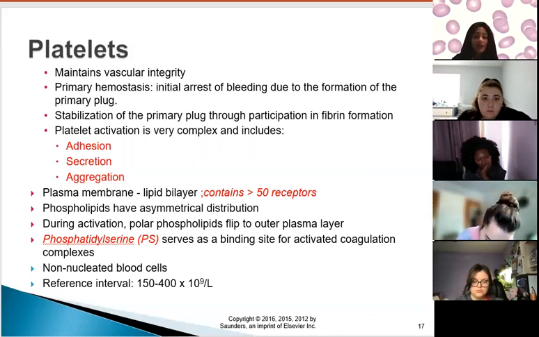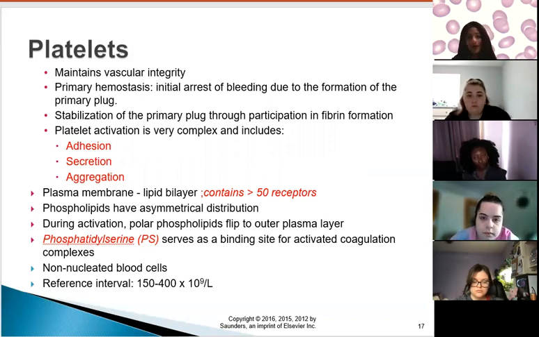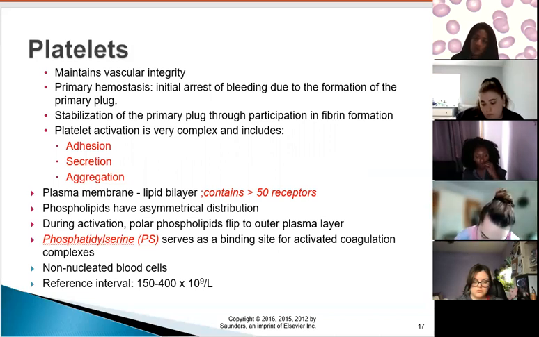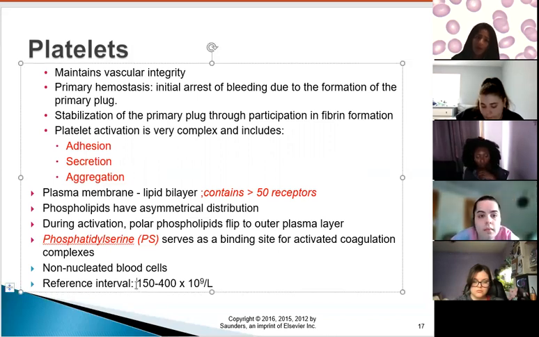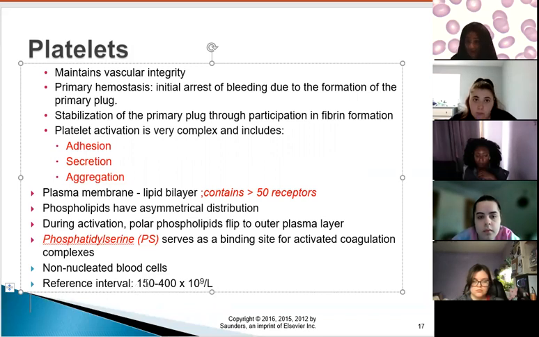They are non-nucleated cells, so platelets don't have a nucleus, and the reference interval in a normal adult is between 150,000 and 400,000. Now, when we talk about numbers in hematology and coag, because obviously there are so many cells in the blood, right? When we actually count them, we report them like this.